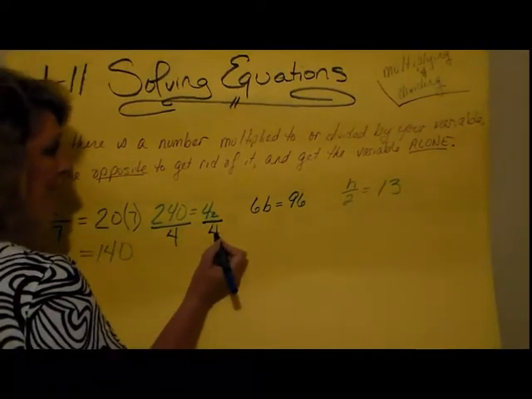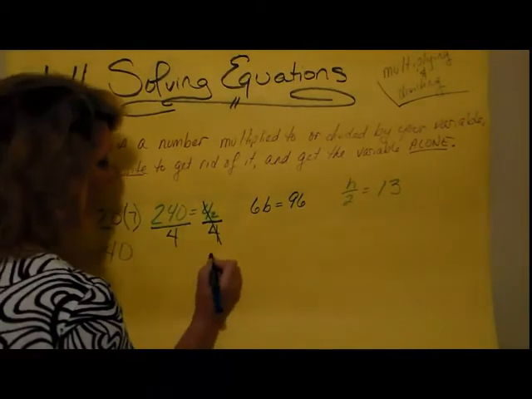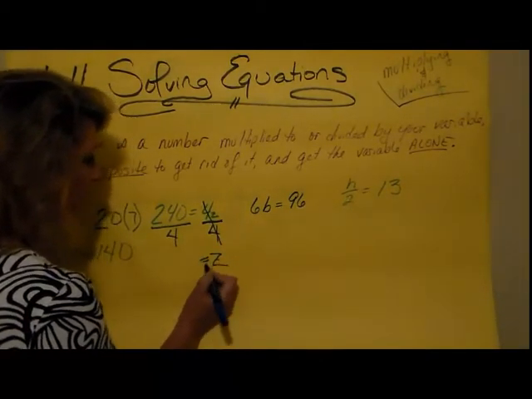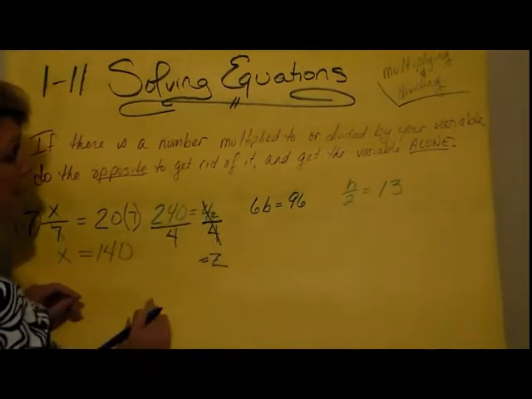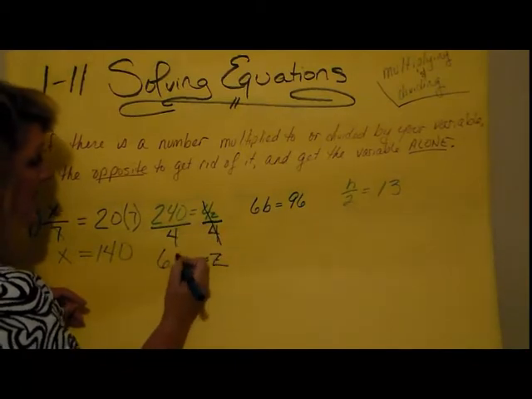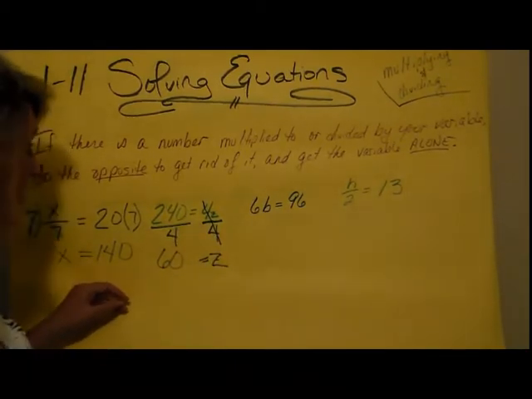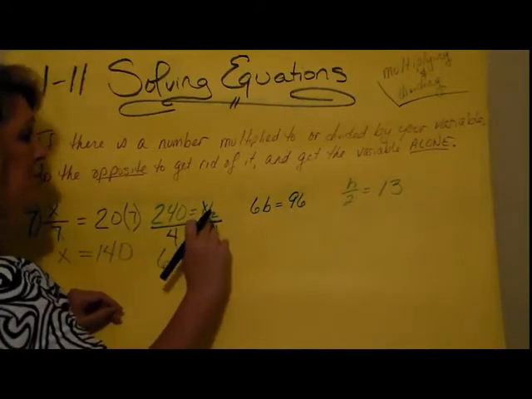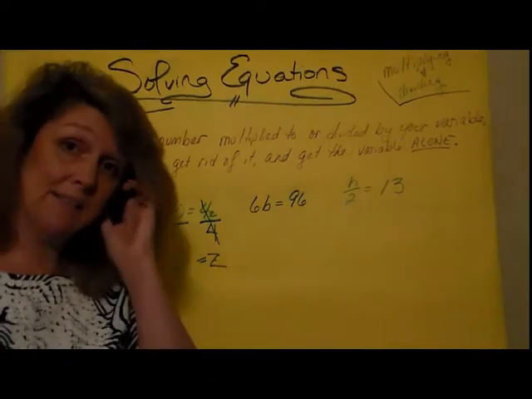Now, 4 divided by 4 is 1, so these cancel out, and all I'm left with is z equals... And 240 divided by 4, well, 24 divided by 4 is 6 with a 0. So now let's see if this makes sense. 240 equals about 4 times 60. Yeah, that makes sense.